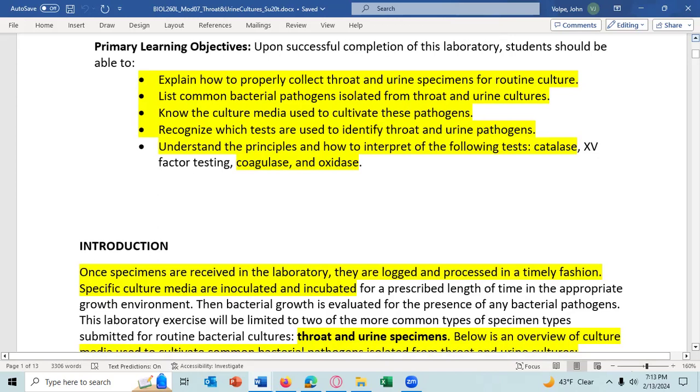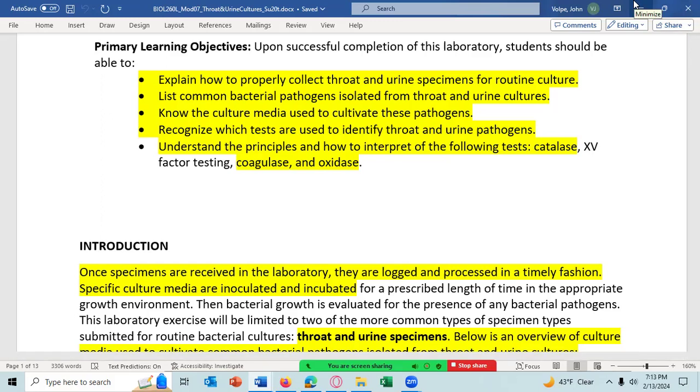And 5, understand the principles and how to interpret the following tests: the catalase test, the coagulase test, and the oxidase test. Understand we will be talking about the XV factor testing, but I'm not going to hold you responsible for understanding it, nor will I test you over that material. Any question about any of that?